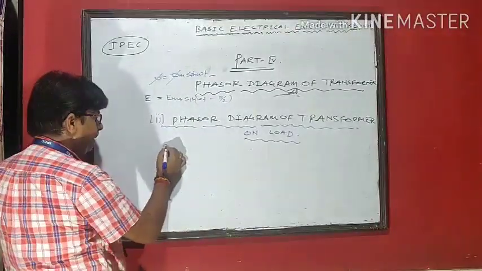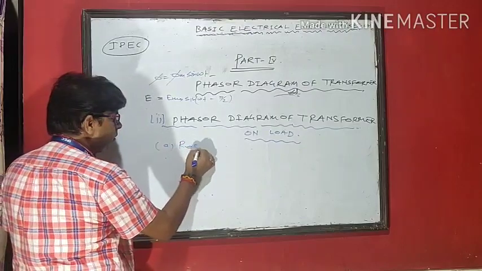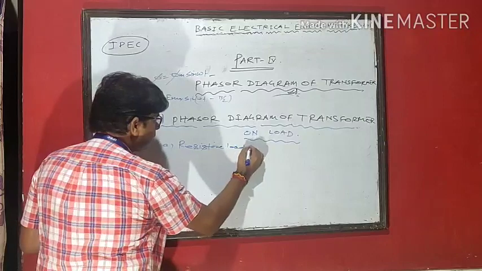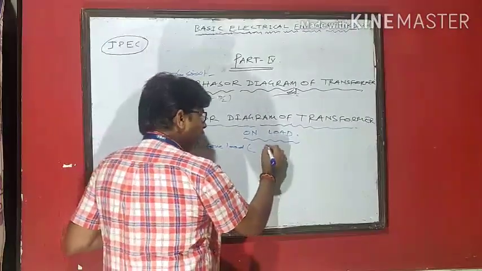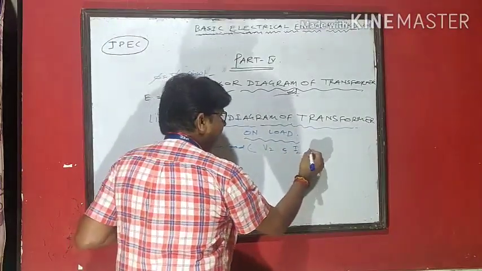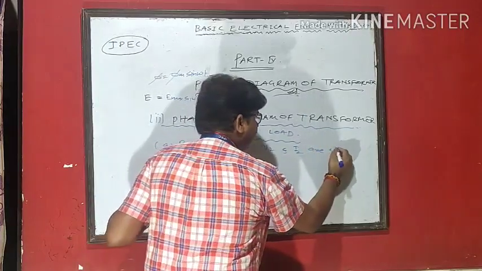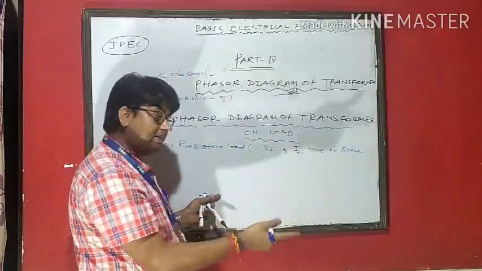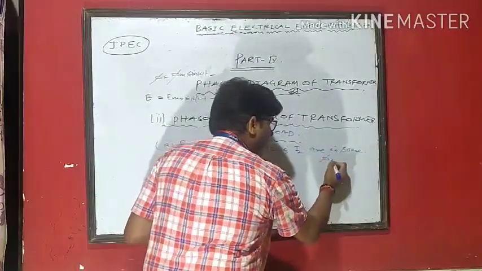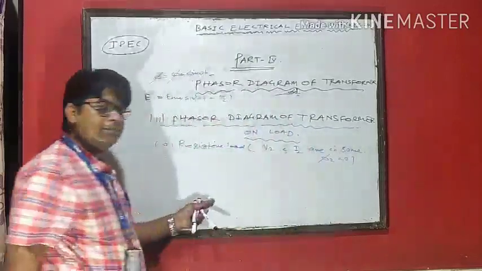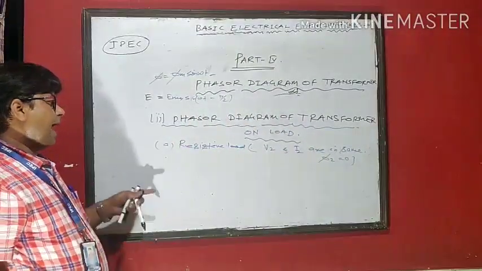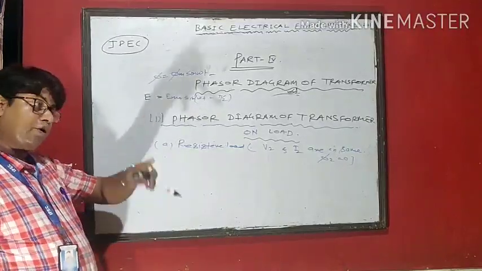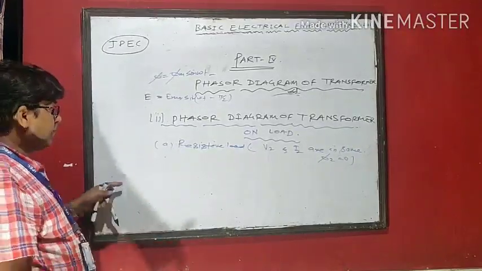First, part A, resistive load. That means V2 and I2 are in the same phase, because the load is connected on the secondary side. So phi 2 equals 0. And what are the equations we determine in phasor form from the approximate circuit diagram?